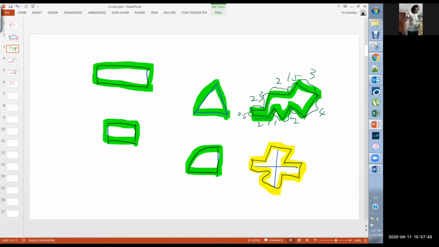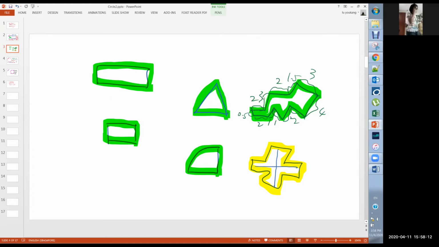How do you find the perimeter of this whole thing? Plus. Basically, you just add them. The operation is called add. Add all the numbers up.